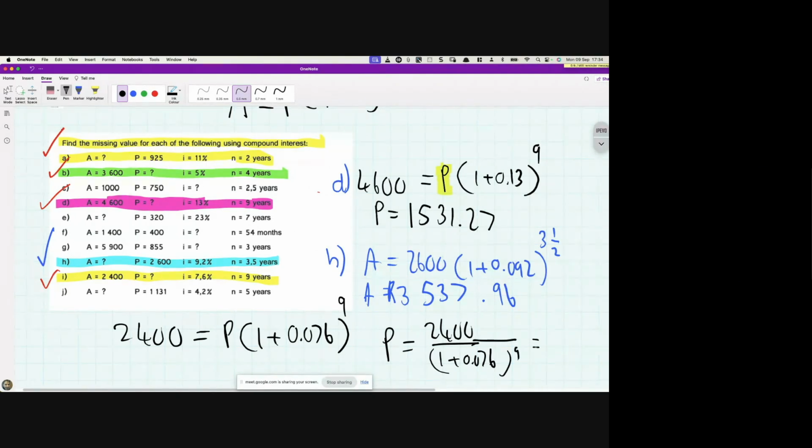And what do we get for that? So fraction 2,400 over 1.076 to the power of 9. Is anybody else getting 1241.37 rands?